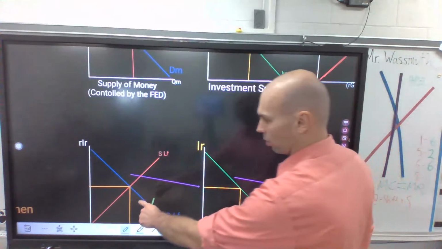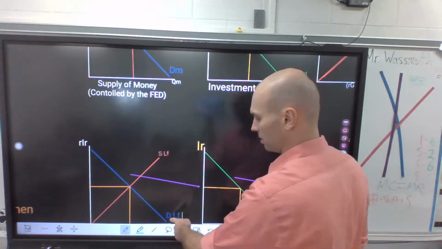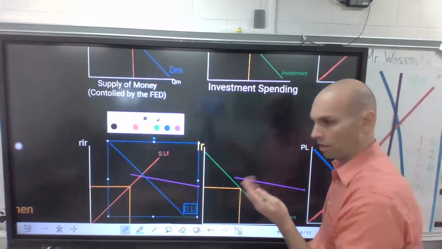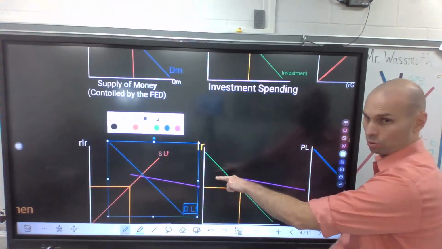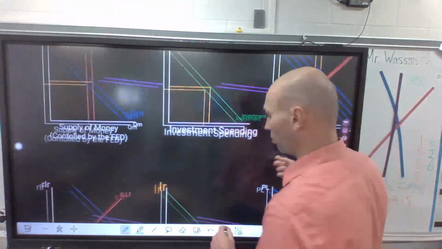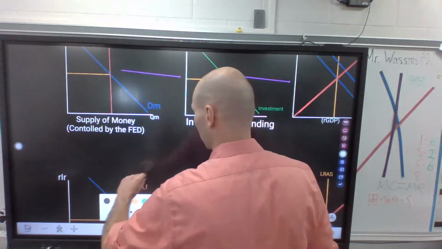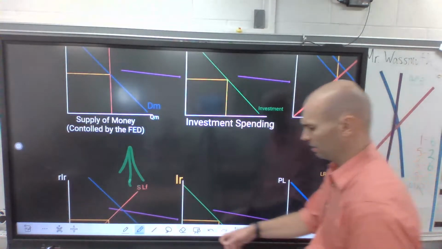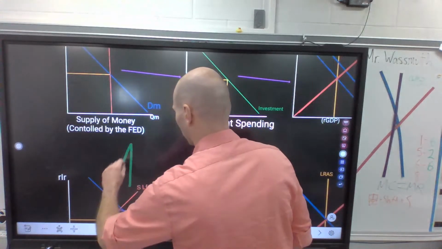So now I demand more loanable funds, causing interest rates to increase, causing investment to decrease, bringing our demand back. One thing to keep in mind here is this caused interest rates to rise. That make sense? Okay.